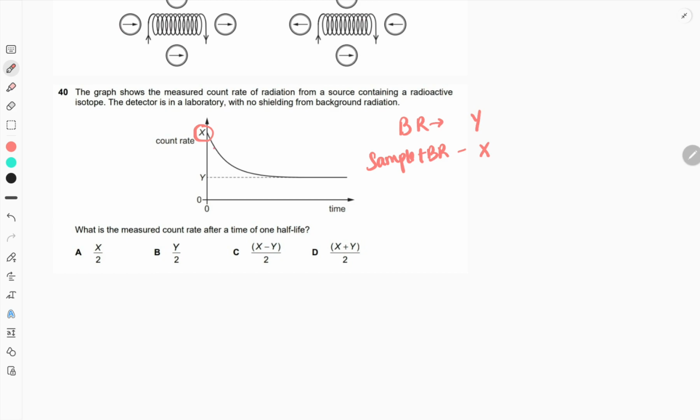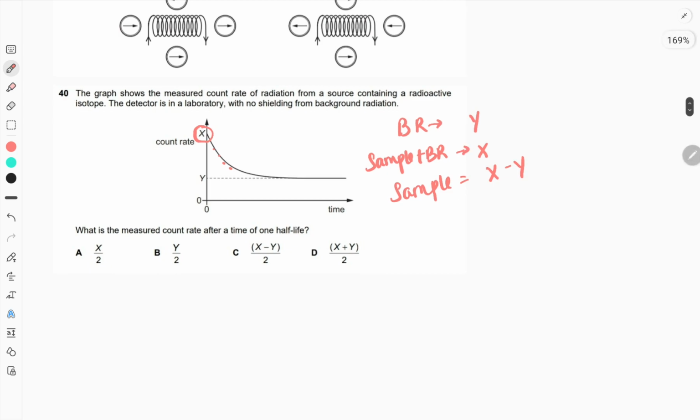Because every count that you have plotted will have some background radiation. So only my sample count becomes x minus y. Clear till here? So I know sample and BR is x, only background radiation is y, so only sample count will be x minus y.